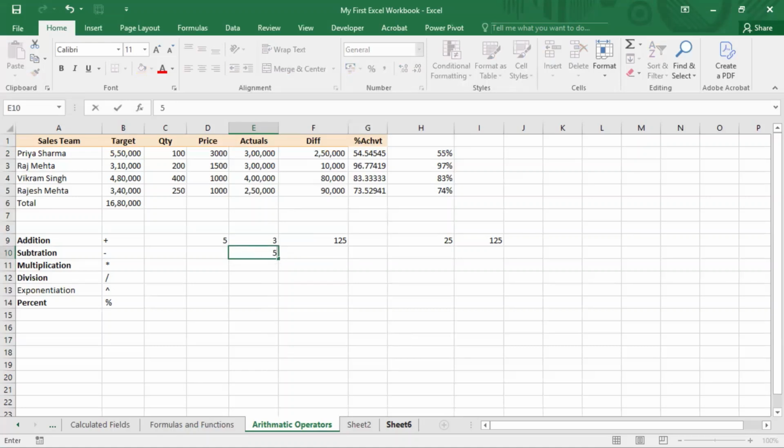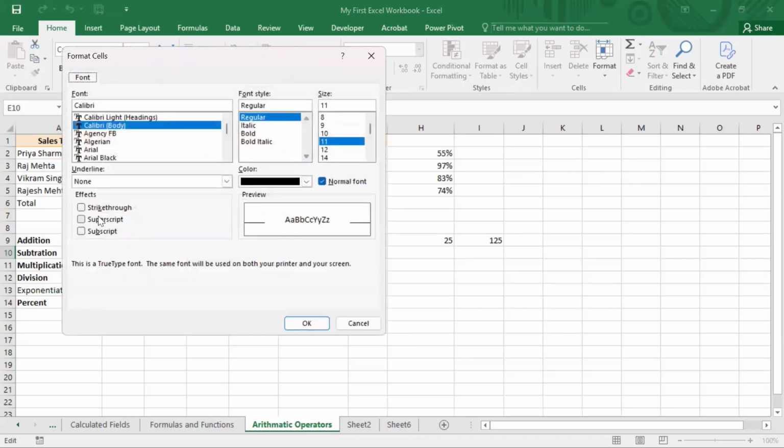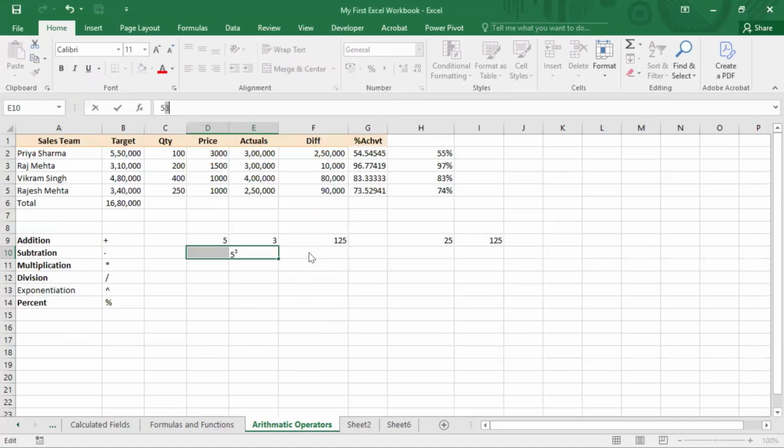If I have to make this 3 a superscript, you will find it is in a superscript here. So that's how it looks when you're talking about an exponential symbol.